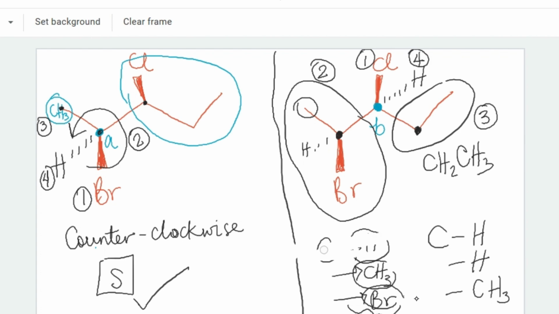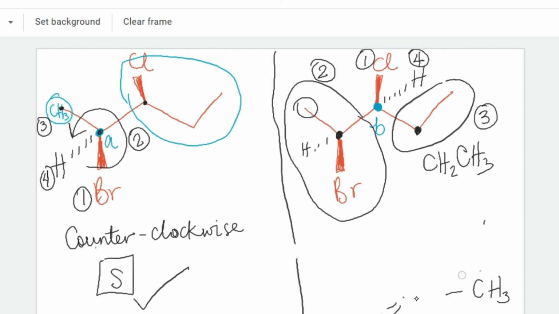So since that is the case, what you end up with is this situation here, and we're going to draw, right? So we're going to start from 1, and then we're going to continue to 2, 3, 4. So the circle is basically going in this direction from 1, 2, 3, 4, and this is basically telling us that it is counterclockwise.